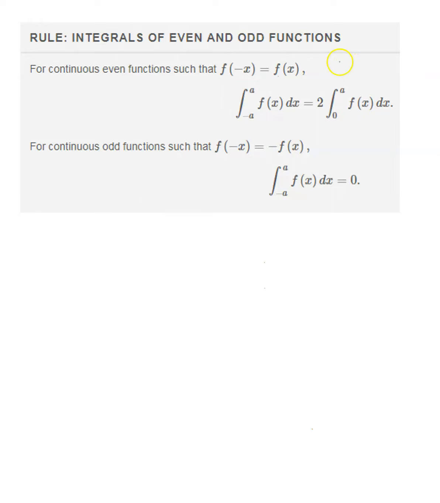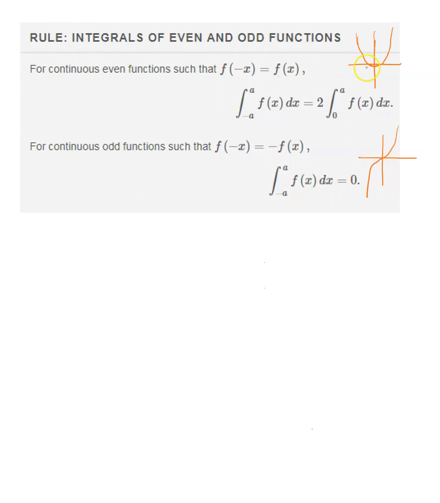So if you recall, we can say this one was like a parabola because the symmetry was about the y-axis. And for this, we can think of it as a chair-shaped graph where the symmetry is about the origin. Therefore, f of negative x is negative of f of x. Well, if we are talking about integration, remember we're talking about area under the curve.